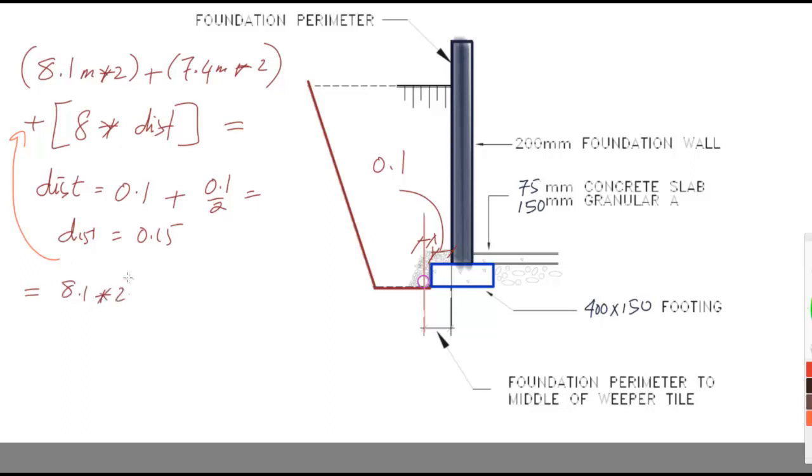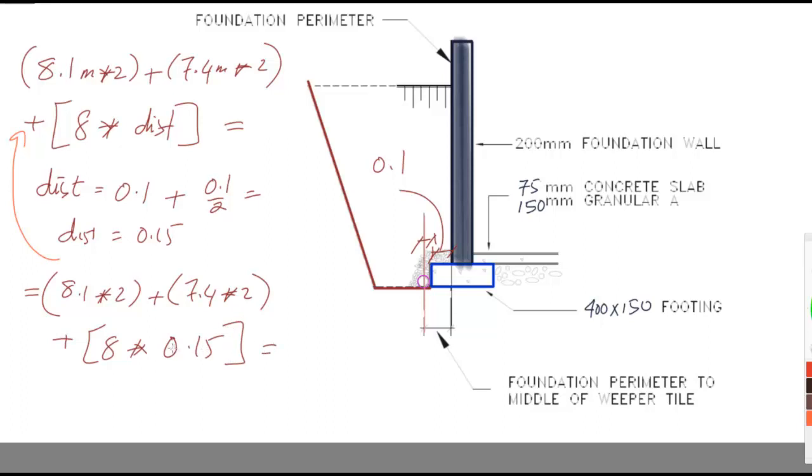So going back to our calculation here, if we apply this equation, it will be 8.1 multiplied by 2 plus 7.4 multiplied by 2 plus 8 times 0.15. There is no half in the equation here, because that is multiplied by 0.15.